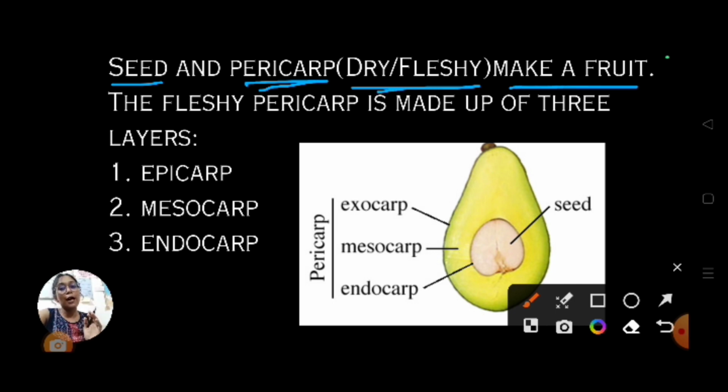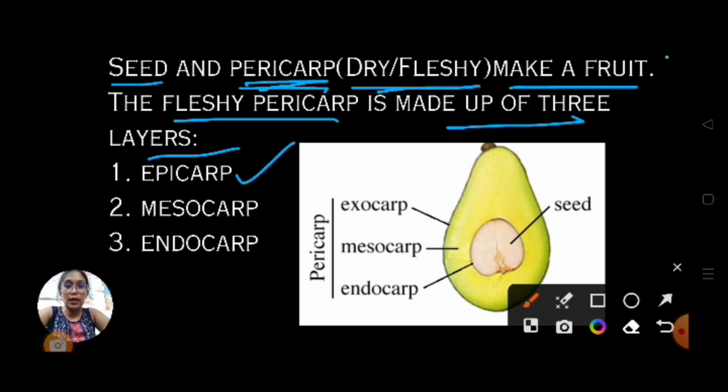So fruits basically have two parts: a seed, or sometimes no seed, and the pericarp. The fleshy pericarp is made up of 3 layers: epicarp, the outer layer, mesocarp, then endocarp.